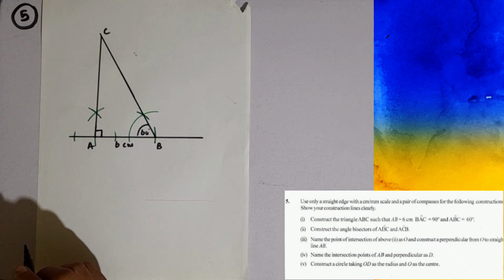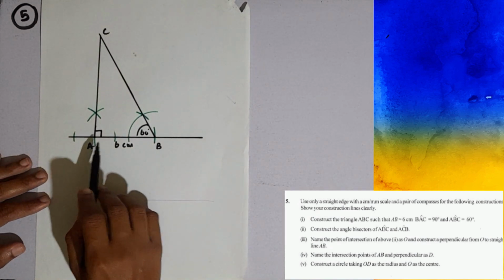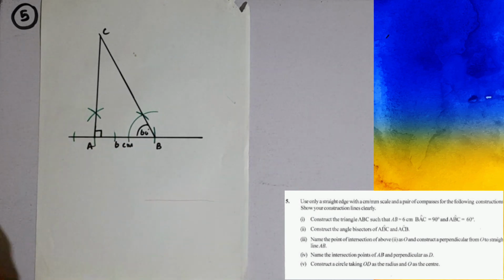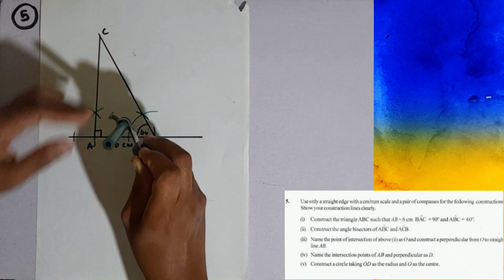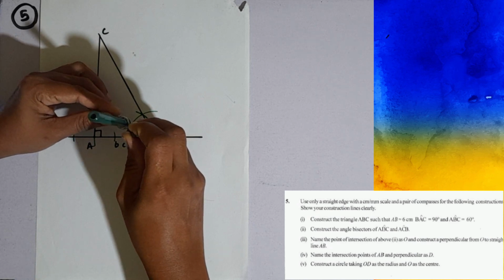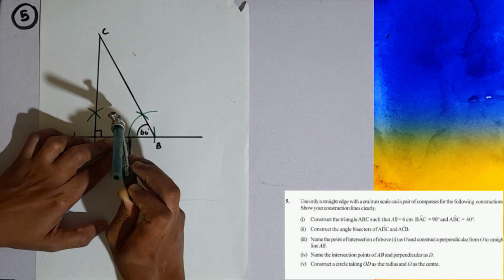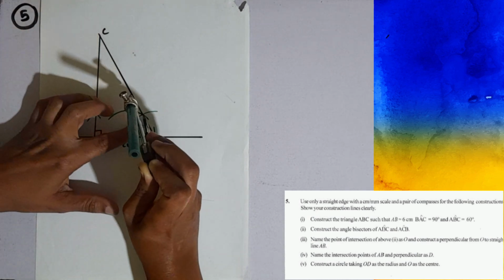Then second part, construct the angle bisectors of ABC angle and ACB angle. Angle bisector. We can keep the point of compass like this and by taking this arc, then keep it here and draw an arc.